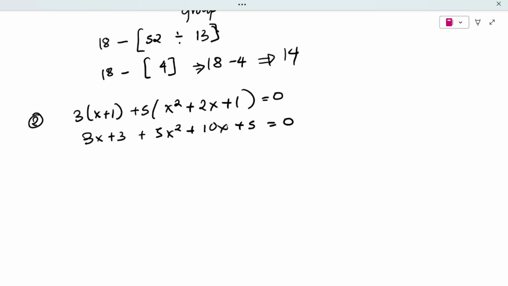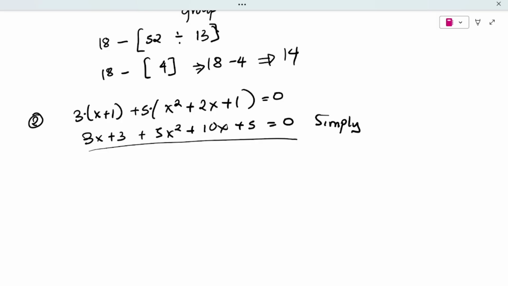This is multiplication. There's a multiplication symbol here between the 3 and here between the 5. That's why I've substituted the 3 inside, so we get something like this.